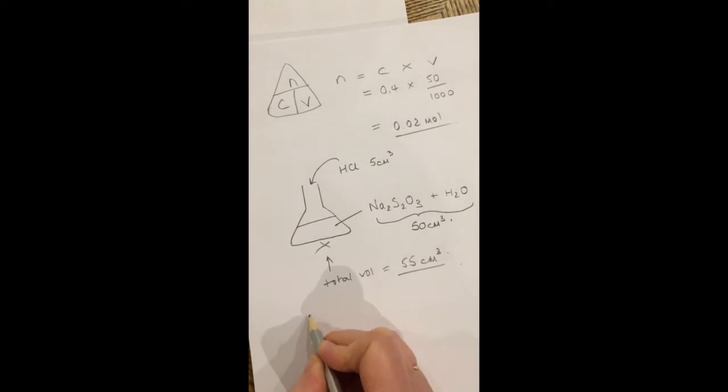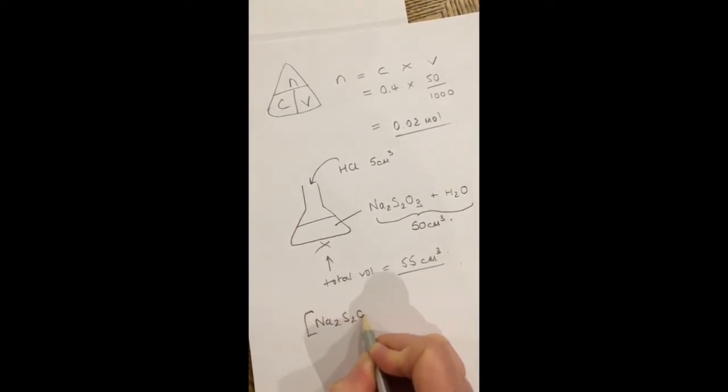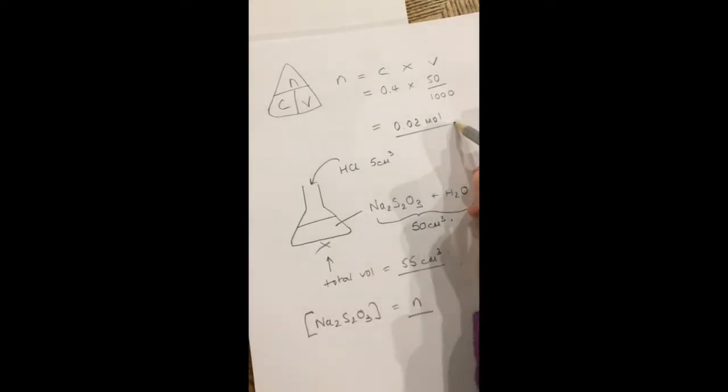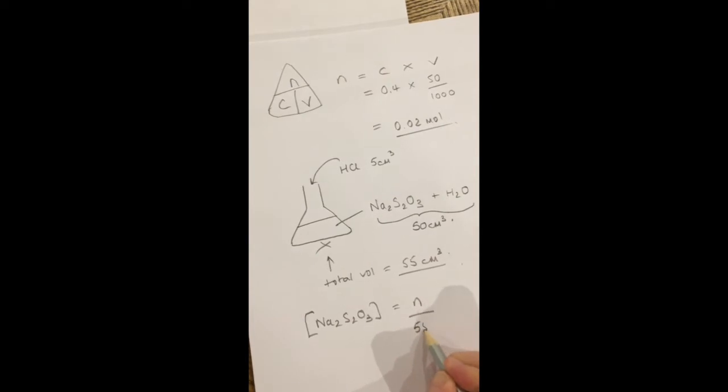So the concentration of the sodium thiosulfate in each case then is going to be the number of moles that you've previously worked out divided by 55 centimetres cubed.